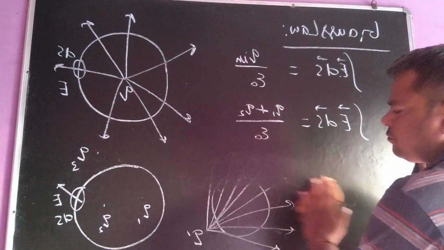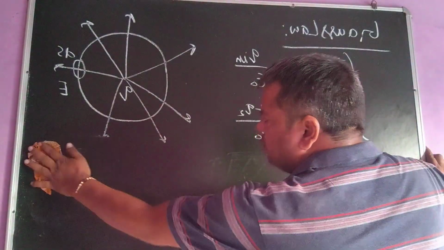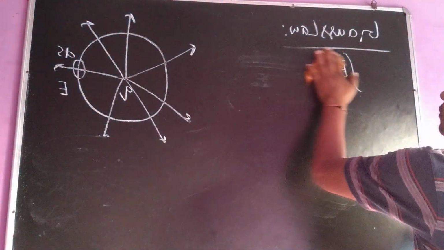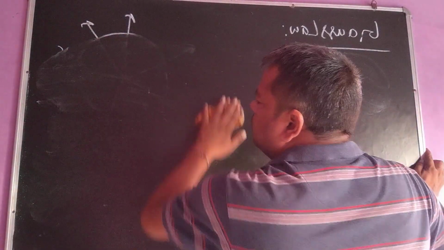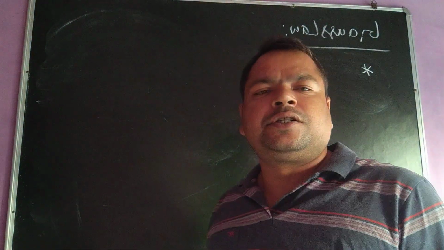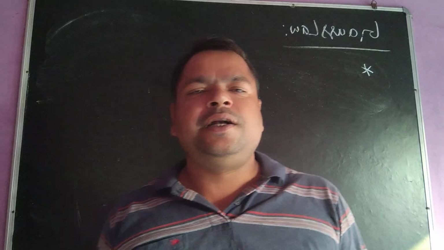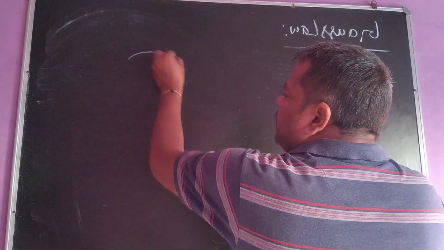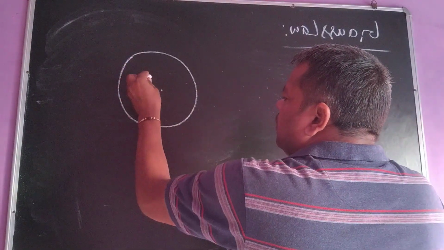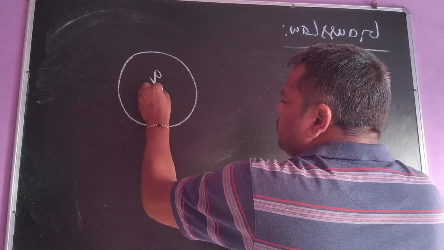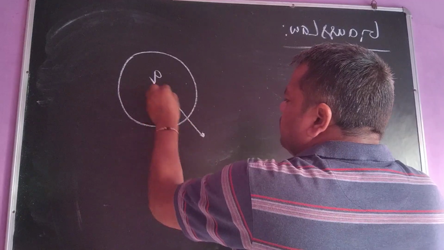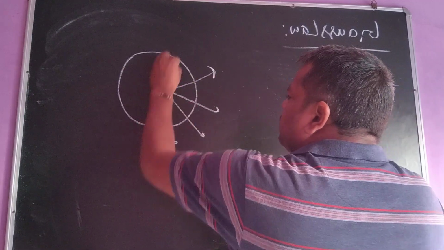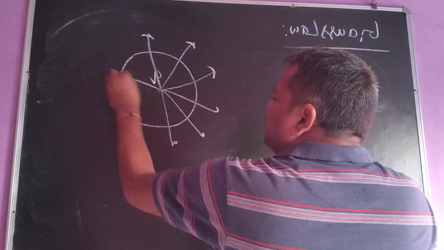Now some points regarding the Gauss law. Point number 1. The total flux through the surface does not depend upon the shape and size of the Gaussian surface. Like this, if we have this Gaussian surface and the total charge inside it is Q, the electric field lines will be like this, originating from the charge.